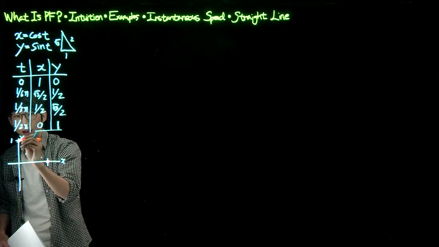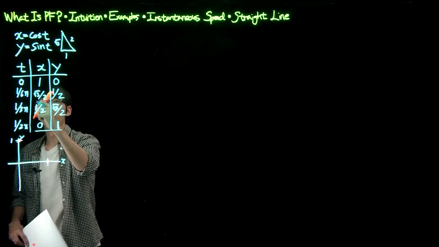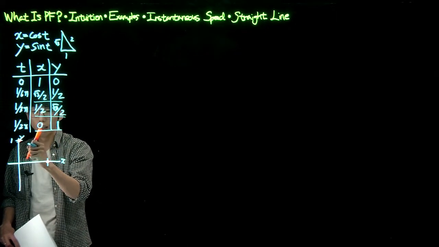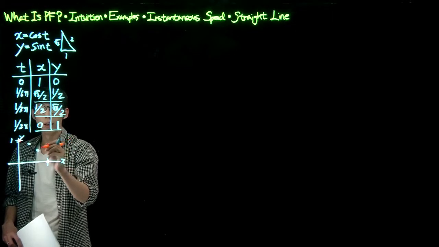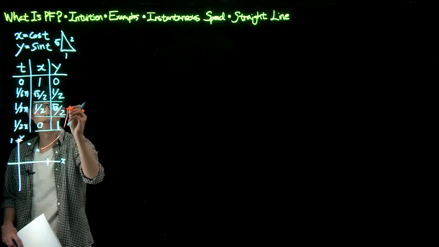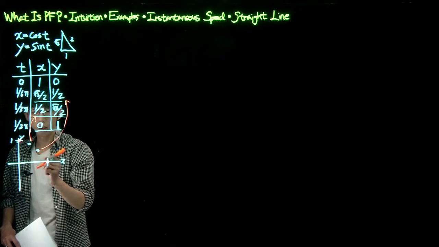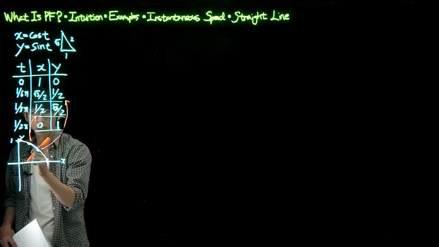That would be the last point. And in between, we have this and that. It's going to look something like this, and if we connect it, it's going to look something like this.